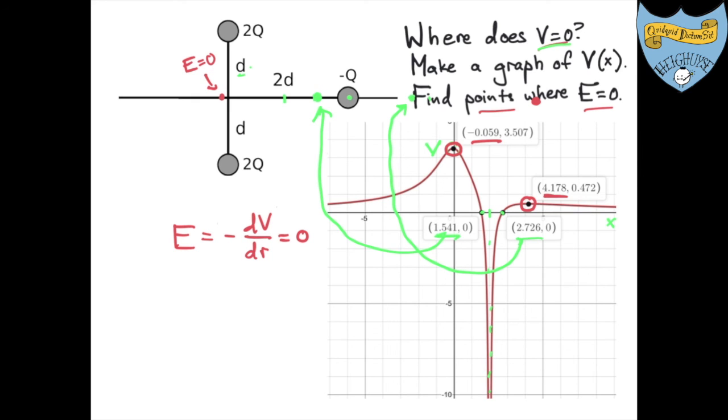Now, if you're trying to understand why it would be 0 at that point, we're not going to go through the vector addition because it's actually impossible to solve for those points algebraically. But we could draw a diagram that would at least help you understand how it could be 0 at those points. The 2q up here would be making a field that goes nearly vertically downward, but not quite. The other 2q would be making a field that goes like that.